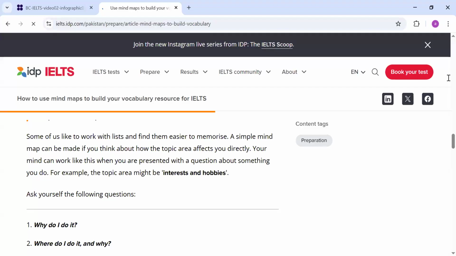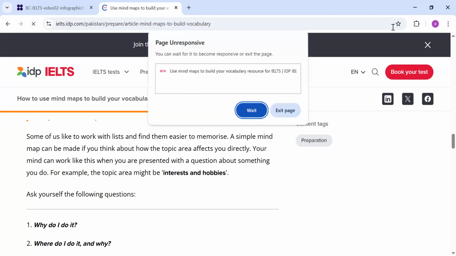People usually list words together based on different subjects and things, and then what they do, they usually, why they use this technique is in order to learn different words. Let me show that mind map, how it works.